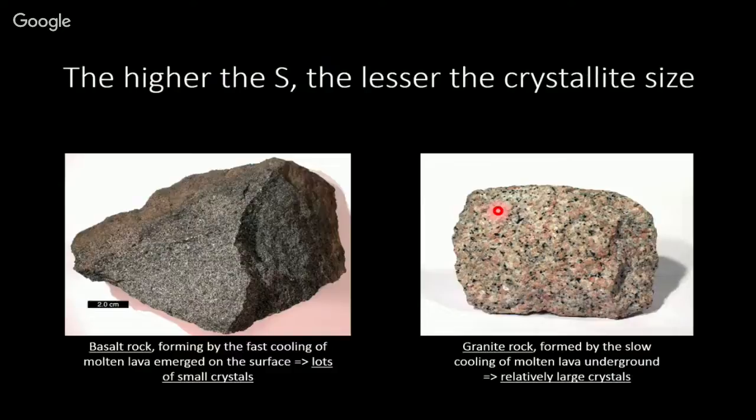And if you go to geology, you see the same effect. If you have two types of rocks, the basalt rock is formed in volcanic eruptions, right? So you have lava emerging to the surface, and it's cooling rapidly. So you have a very high supersaturation involved there. And the process is very rapid, and you form very small crystals. You can see that these crystals are super tiny.